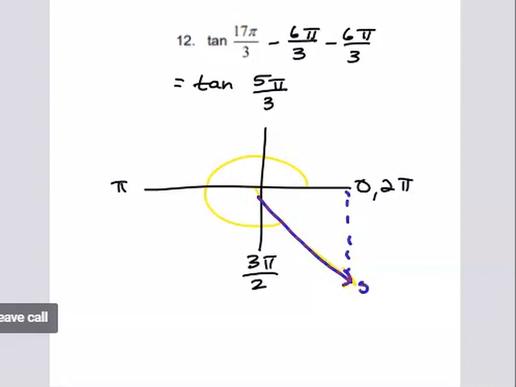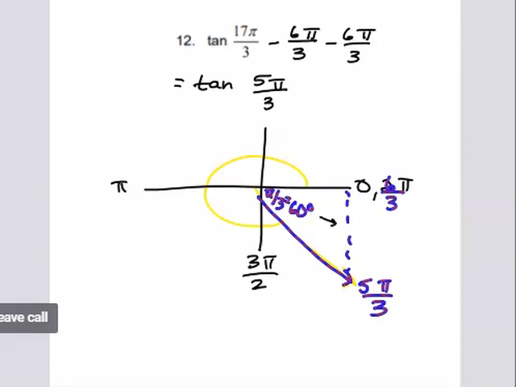So if this is 5 pi over 3, and this is the same as 6 pi over 3, what is the difference between 6 over 3 and 5 over 3? The reference angle is pi over 3. And remember, pi over 3 is the same as 60 degrees. Okay, it's equivalent to 60 degrees.